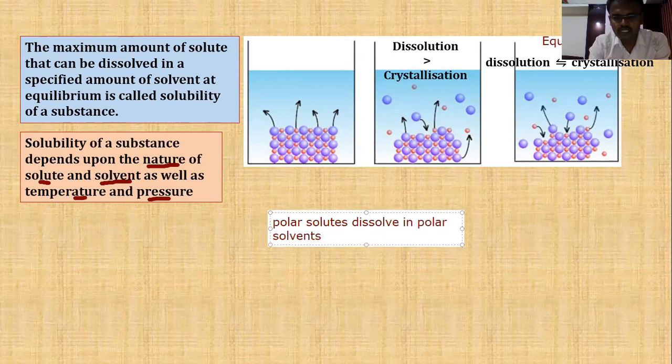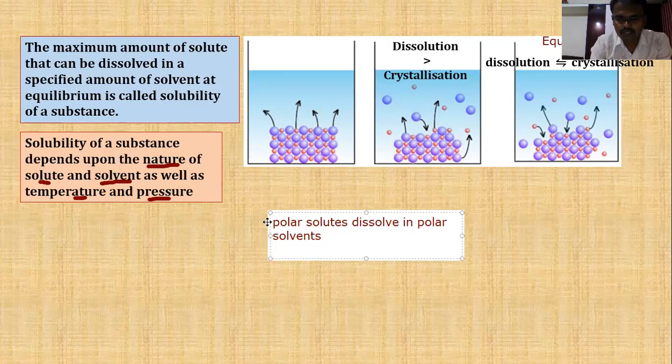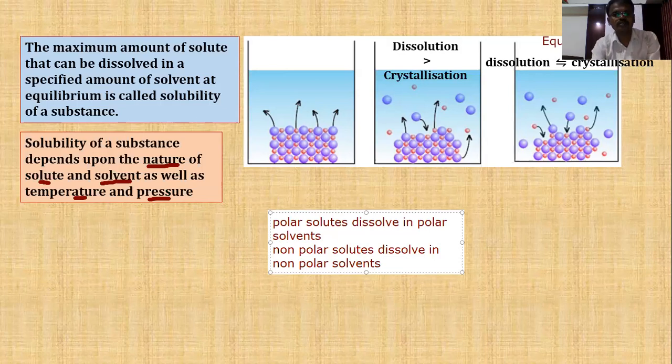Polar solvents means which have polarity in the molecule, partial negative charge, partial positive charge. Similarly, non-polar solutes like camphor dissolve in non-polar solvents. Correct. So that is another important point.